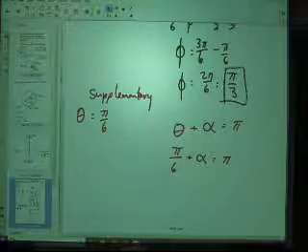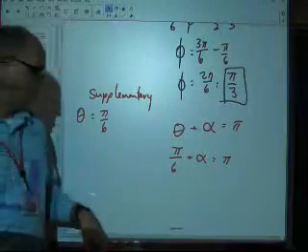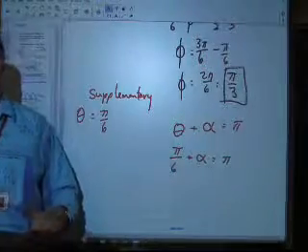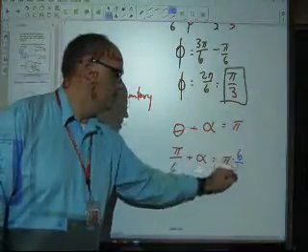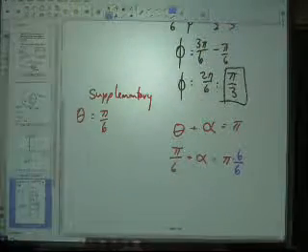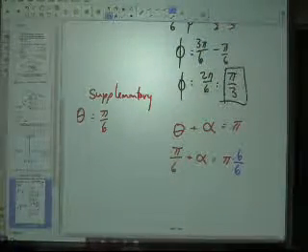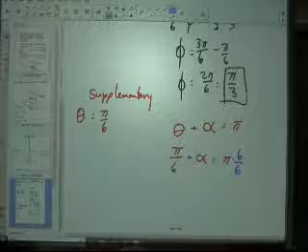The total way, which means that what's left is 5/6. So 5 pi over 6.